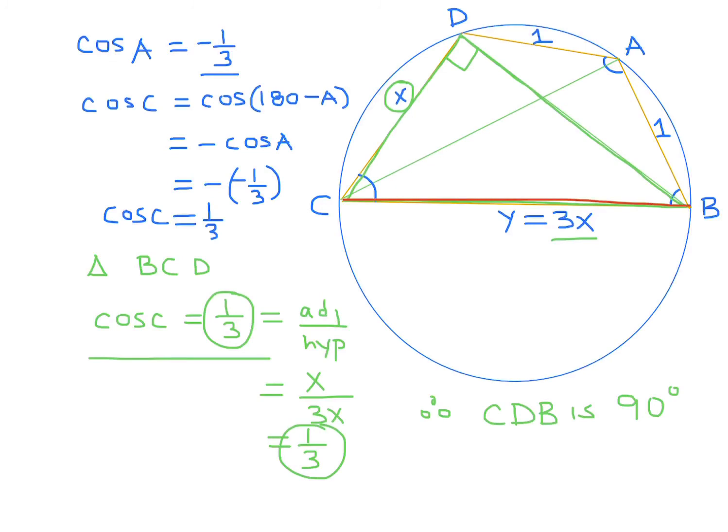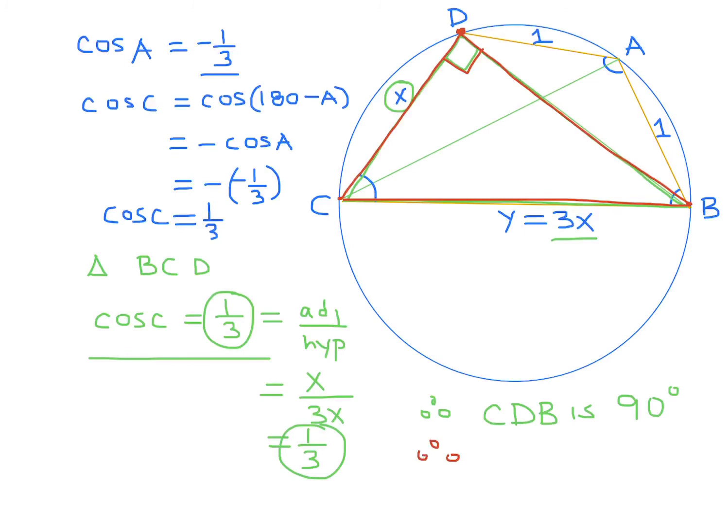Why? Because I'm sure you remember, anytime you draw an angle that involves the diameter of the circle and any point on the circle like that, if an angle like that is inside the semicircle, where one point and the other point are the diameter and the third point is on the circle, that angle is always 90 degrees.